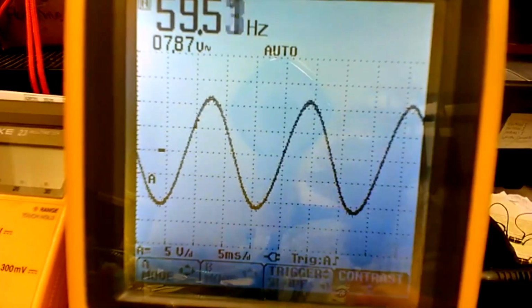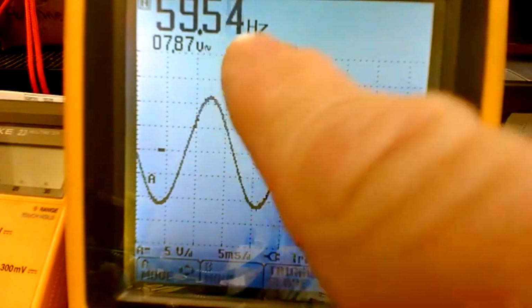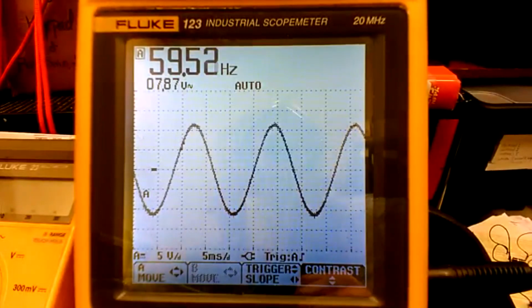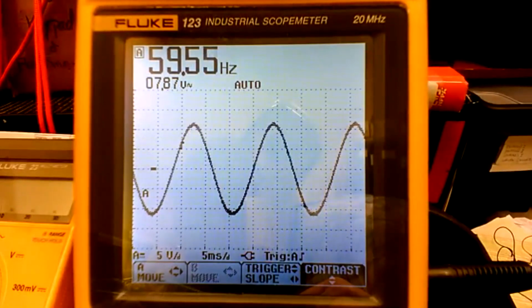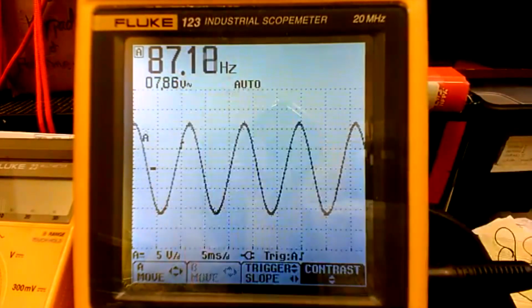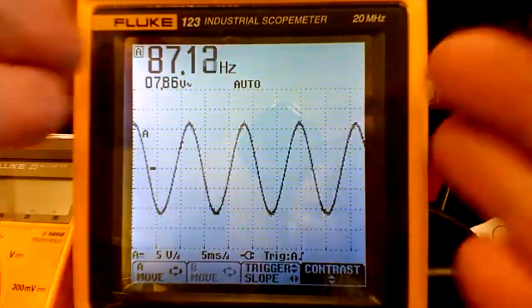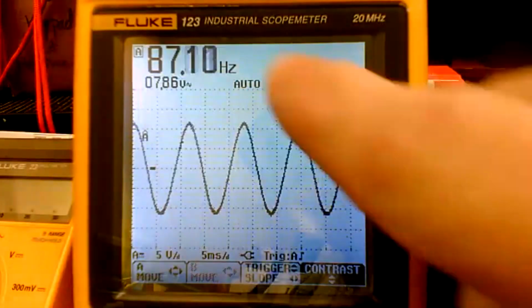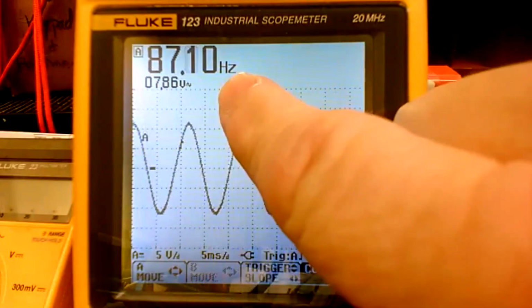Now I'm going to vary the frequency. We're sitting at about 60 hertz right now. I'm going to vary it and change it. When I raise the frequency right there, you see the waves actually compress. So you get more cycles per second at a higher frequency, at 87 hertz.